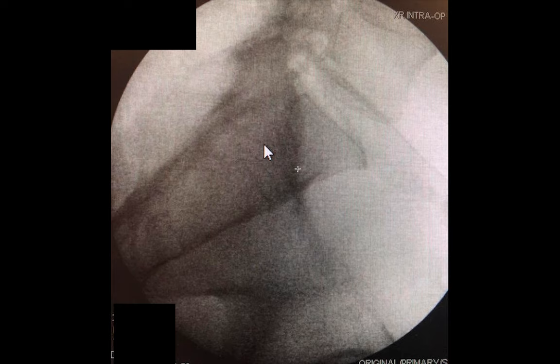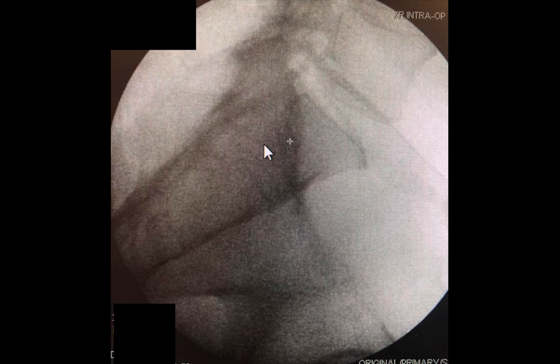And so that's pretty important, because it almost makes it look like you really don't have any room to put an SI screw below it, because here's your inferior limit here, and where I've put my arrow is, in my opinion, where I should be going into S1. Now, the important part as you do this is not to go beyond the iliac cortical densities, because you run the risk of injuring the nerve root there.